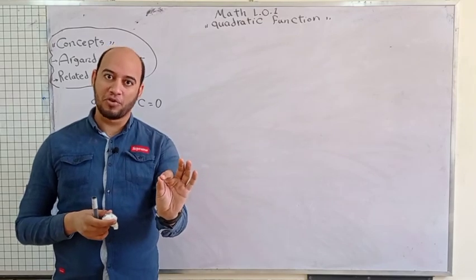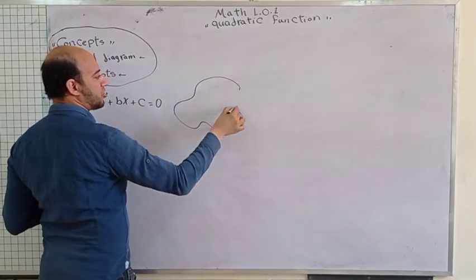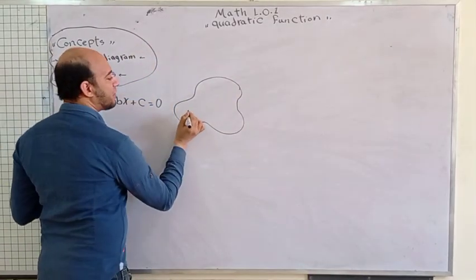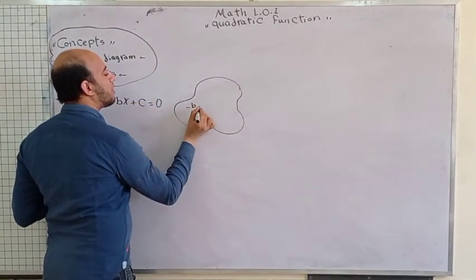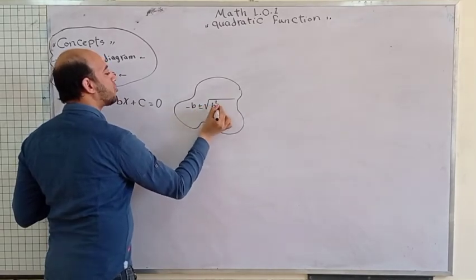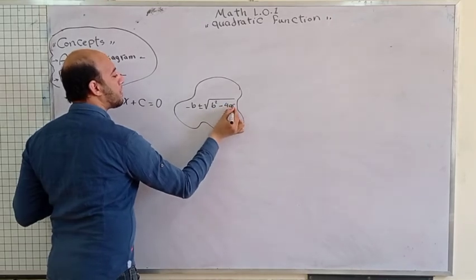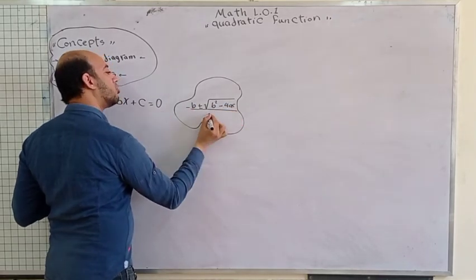These coefficients help us to apply the general formula. You remember the general formula: x equals minus b, positive or negative the square root of b squared minus 4ac, over 2a.